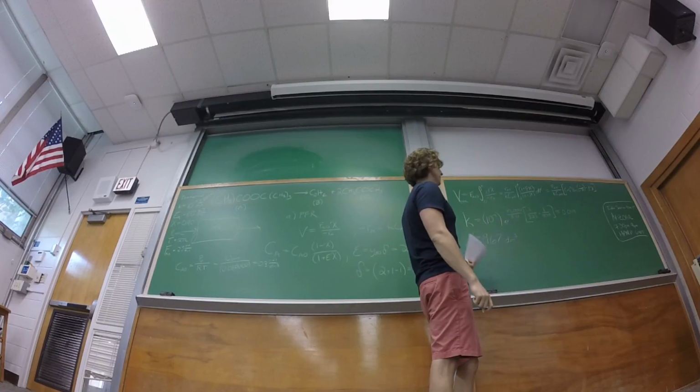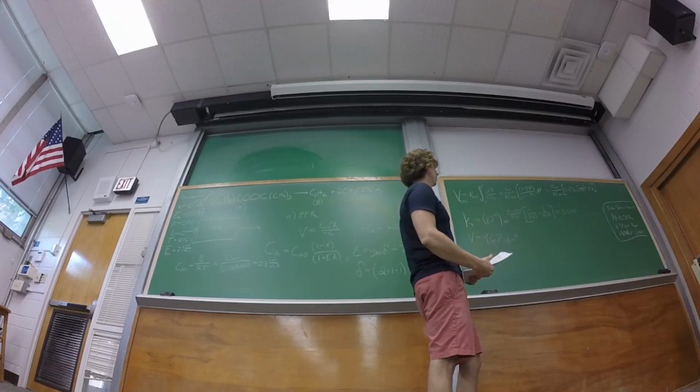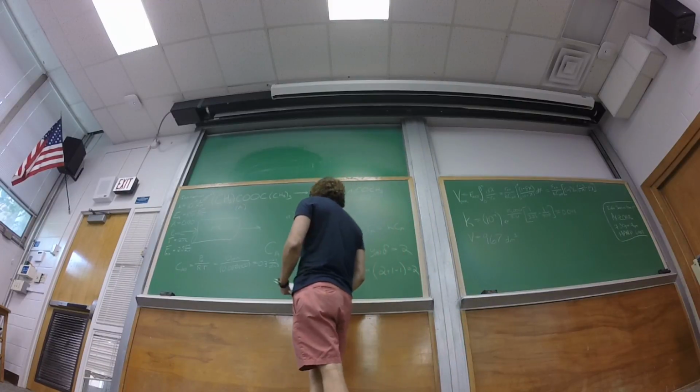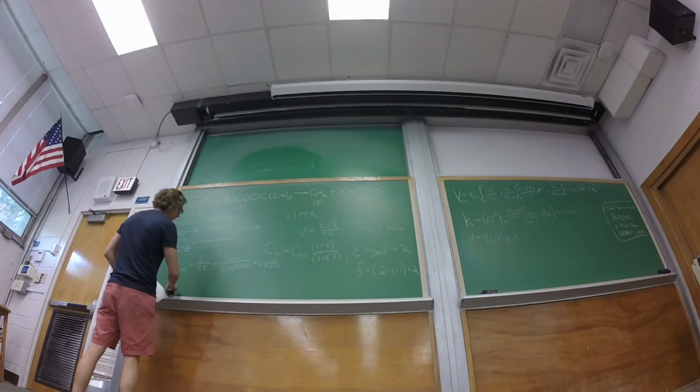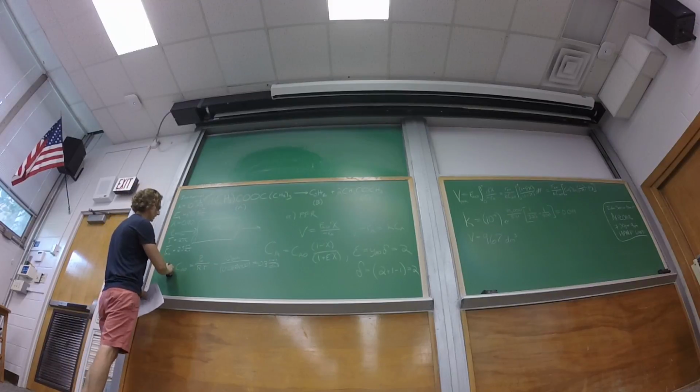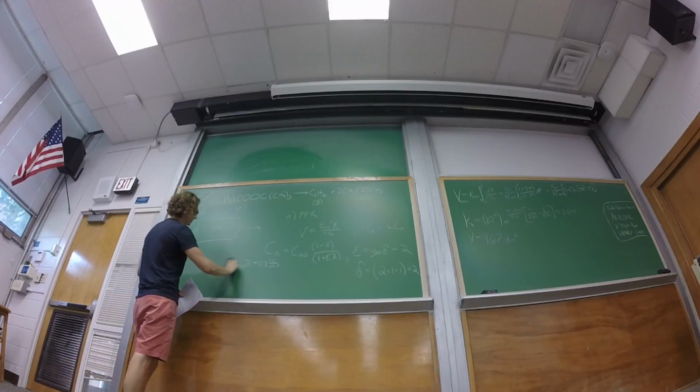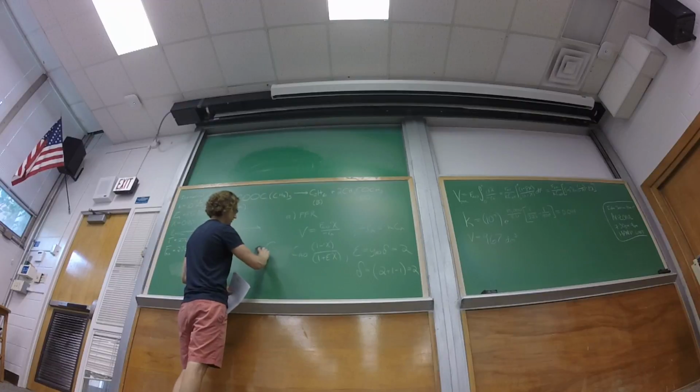The next part of the problem is to find the equivalent volume of a CSTR, which is obviously a lot bigger. Your concentration is going to stay the same, and most of your relationships are going to stay the same. Just your design equation will change.